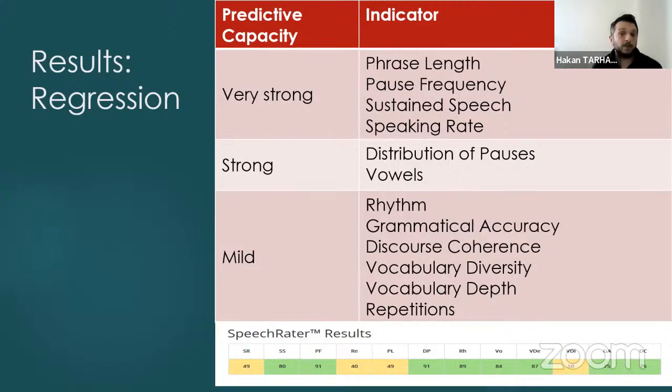Distribution of pauses is about how effectively and naturally you use pauses. Vowels are about how closely your vowel sounds resemble a native speaker. And rhythm means how closely your syllable stress resembles a native speaker. But when they say how well it resembles a native speaker, they don't only compare the responses to a native model.